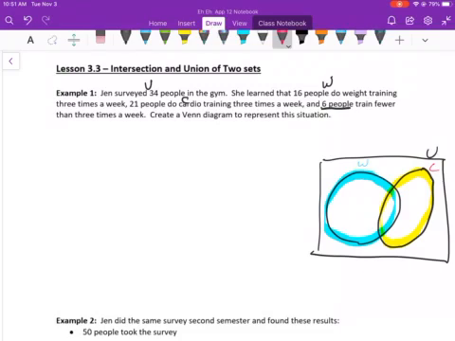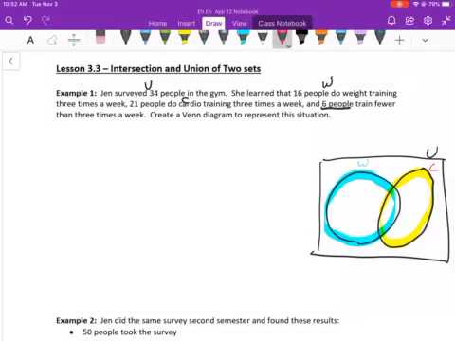So reading this through now, 16 people do weight training. That is, the total number of people who do weight training is 16. So the number of people who are in the blue circle is 16.